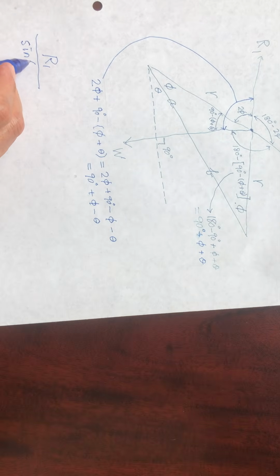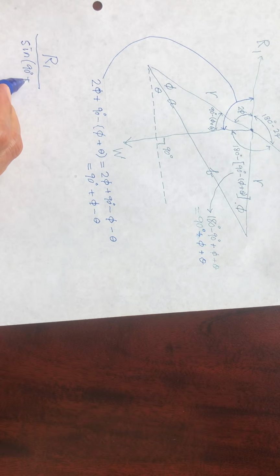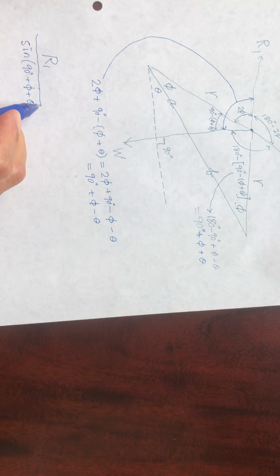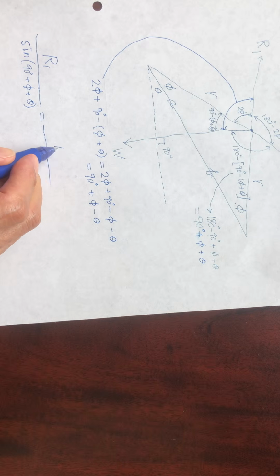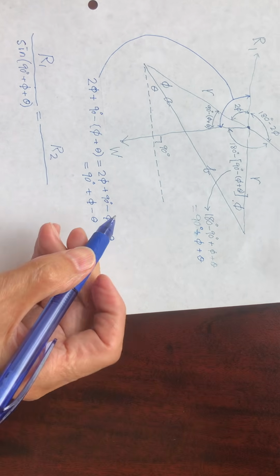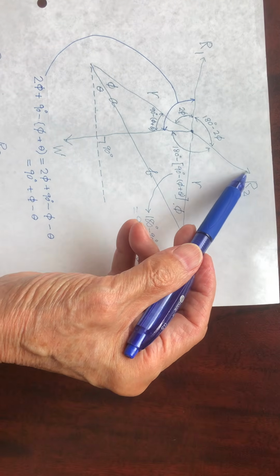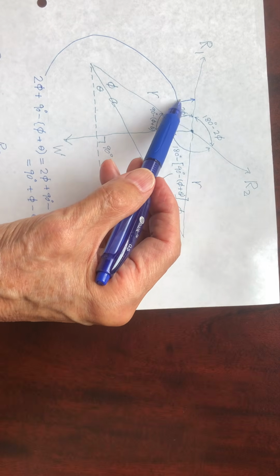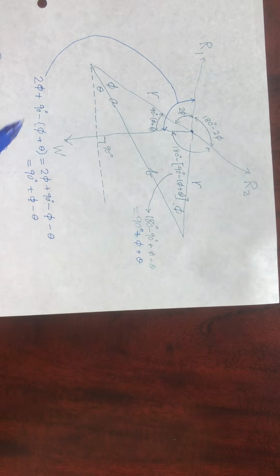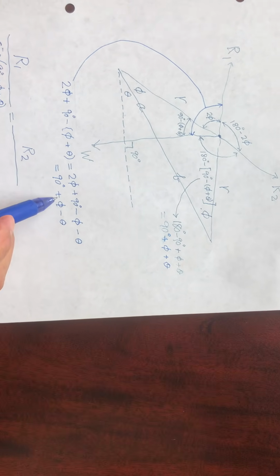So I have R1 over sine of (90 degrees plus phi plus theta) equals R2 over sine this angle. So this angle is here.